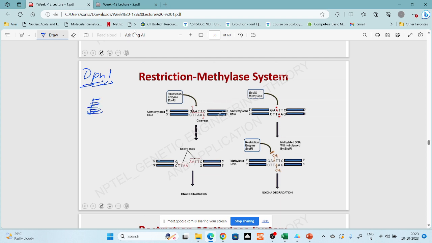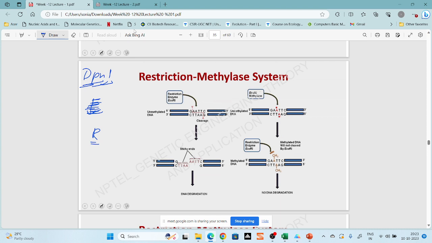So bacteria have restriction enzymes that cut the genome of the foreign entity. But if the bacterial restriction enzyme is capable of degrading the genome of the virus, then why is it not able to degrade its own DNA? Because bacteria know how to differentiate between their own DNA and foreign DNA.